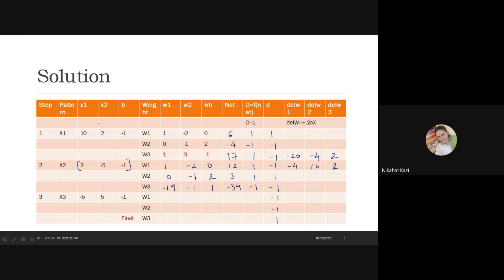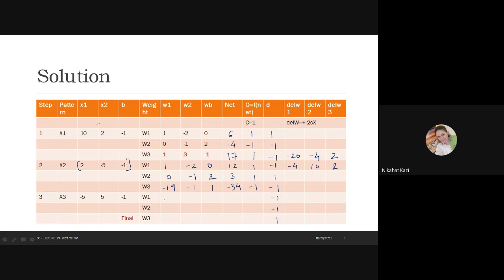Update the weights using delta W1. So W1 will be updated. W1 is equal to old W1 plus delta W1. Okay.